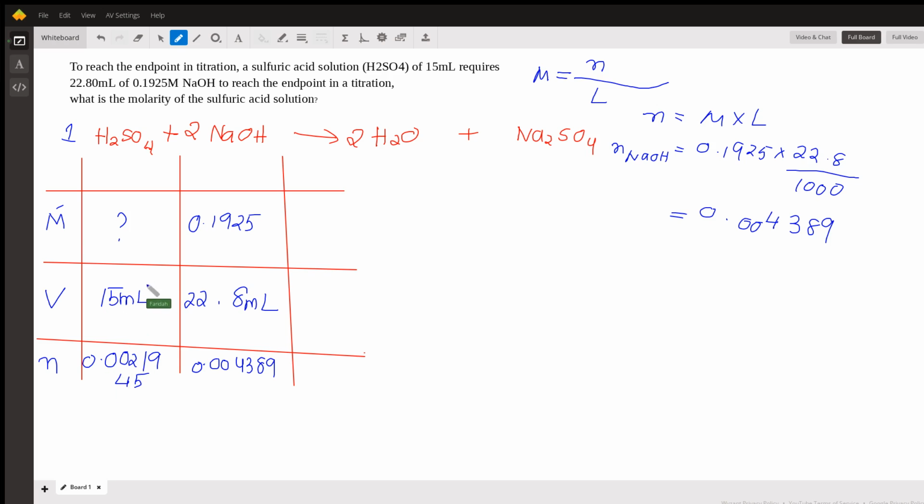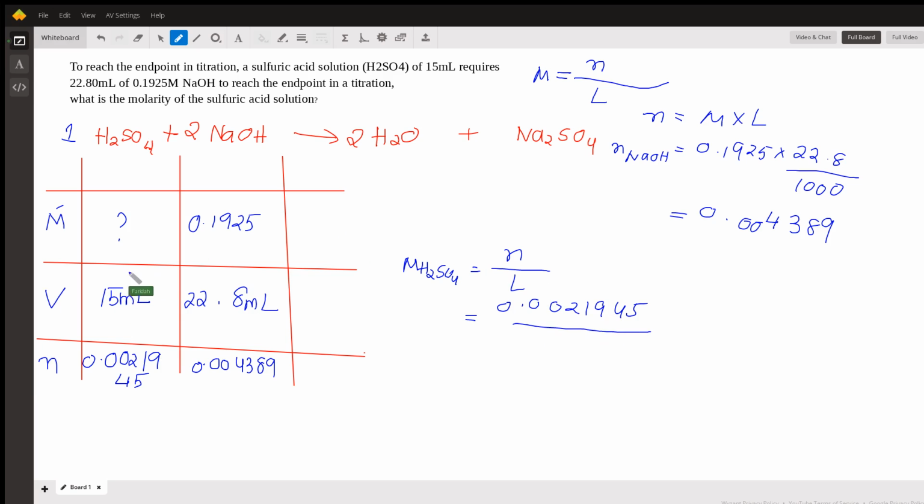Now we have the mole of the sulfuric acid, and we also have the volume, so what we want to find is the molarity. The molarity of sulfuric acid is the mole on the top, 0.0021945, divided by the liters.